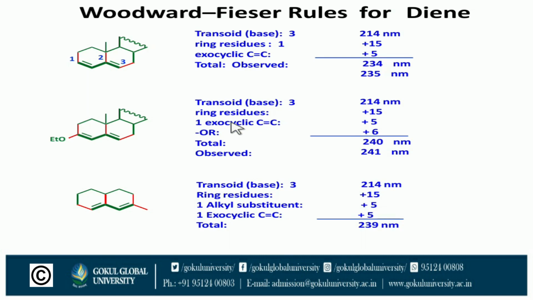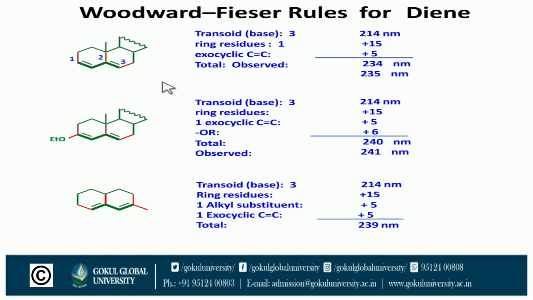In the same way in this example, the transoid base is 240 nanometer. Three ring residues are present, so 3 into 5 is 15. One exocyclic double bond, plus 5. OR, plus 6. The total is 266 nanometer and the observed value is 241 nanometer.